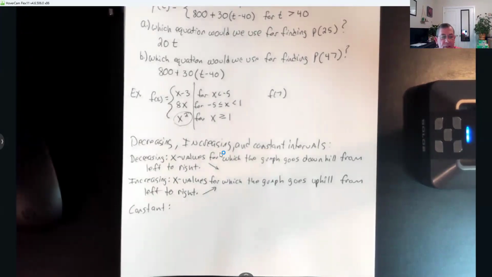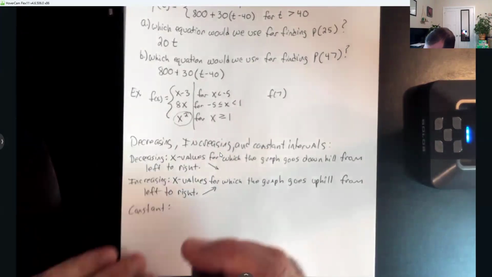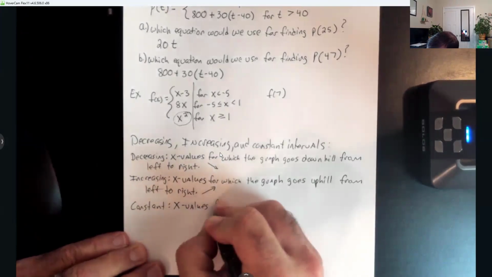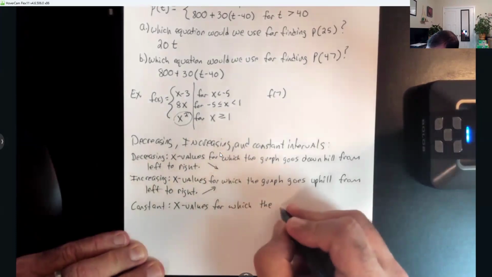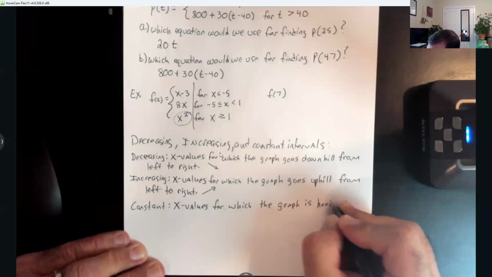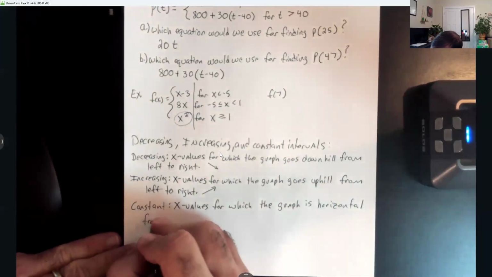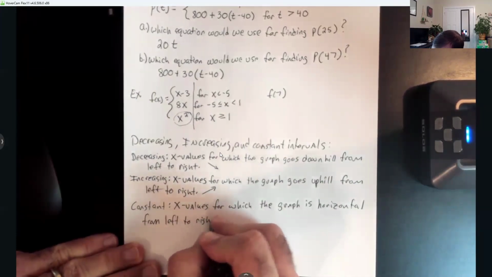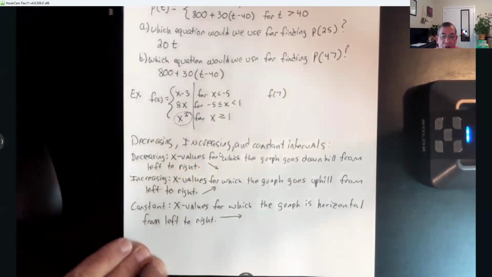Well, constant is when the graph is horizontal left to right. So we want the x values for which the graph is horizontal from left to right. So y'all, that means it's going to go straight across.